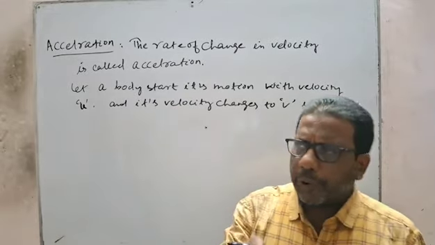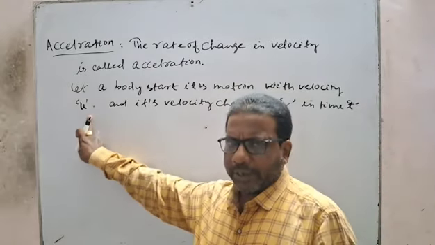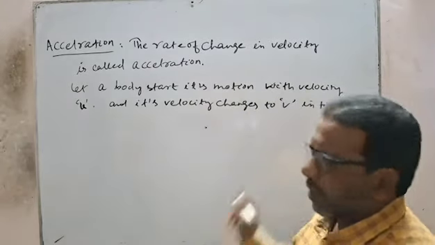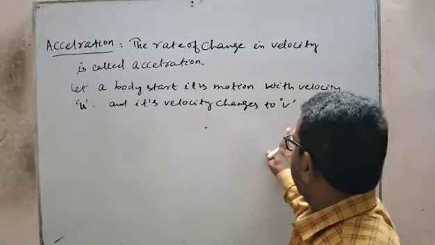Let the body first start its motion with velocity u meter per second. Then its velocity changes to v meter per second in time t second.